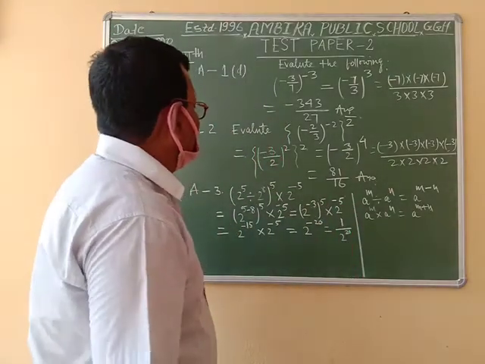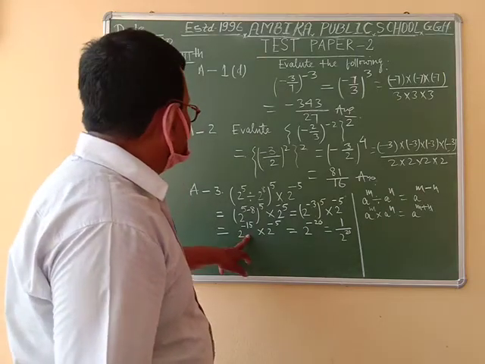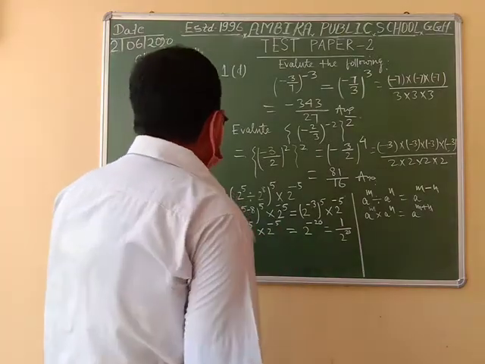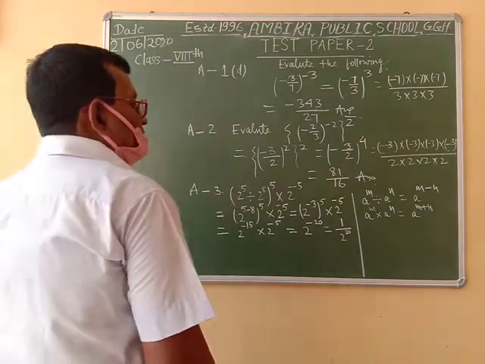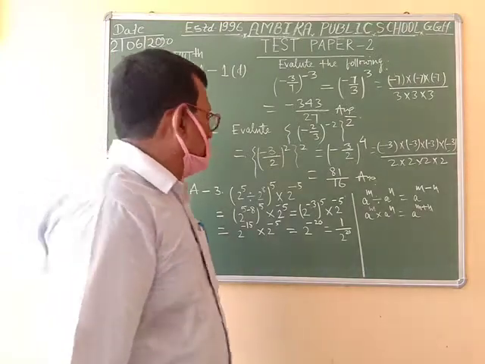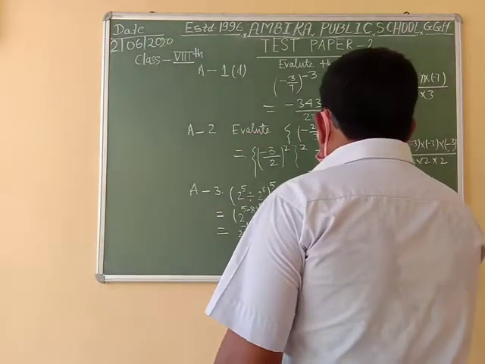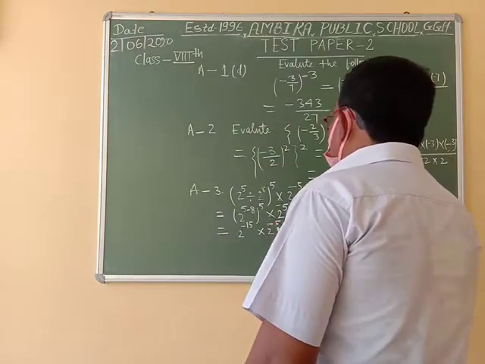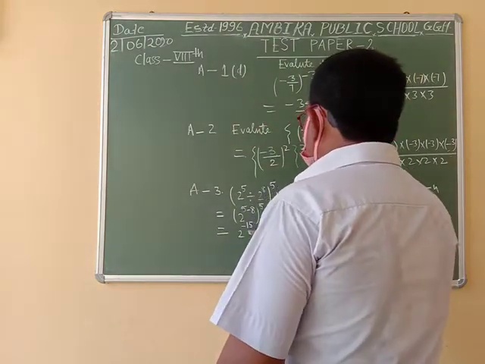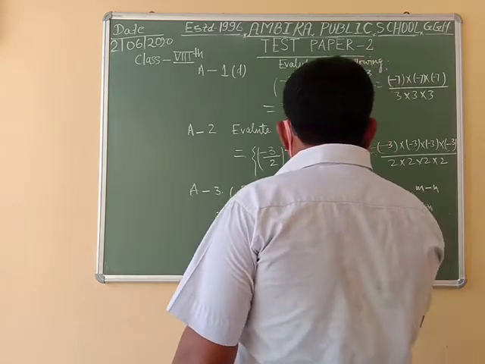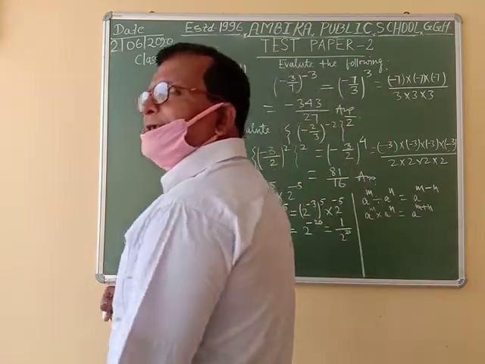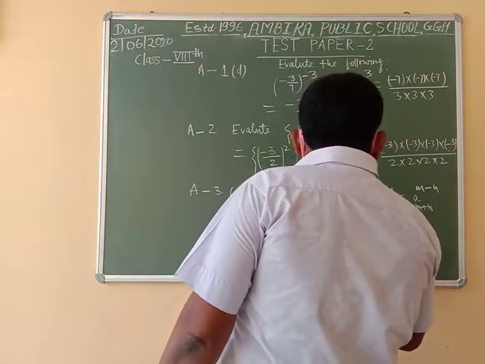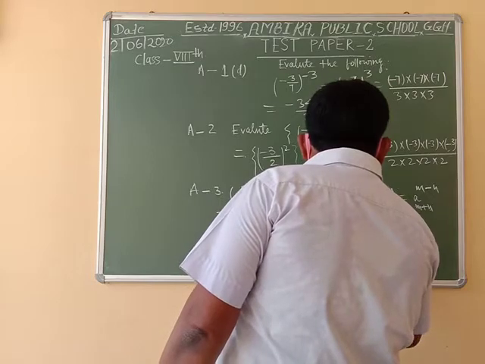Multiplying minus 3 by 5, we get 2 to the power minus 15 into 2 to the power minus 5. Here it is in the form of a to the power m into a to the power n. So using this formula, we can write a to the power m plus n, which is 2 to the power minus 15 plus minus 5, equal to minus 20. Adding minus 15 and minus 5, 2 to the power minus 20, and splitting it, 2 to the power minus 20 is equal to 1 by 2 to the power 20. Answer.